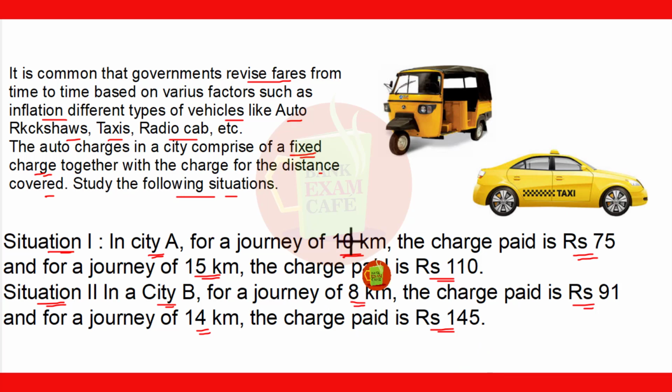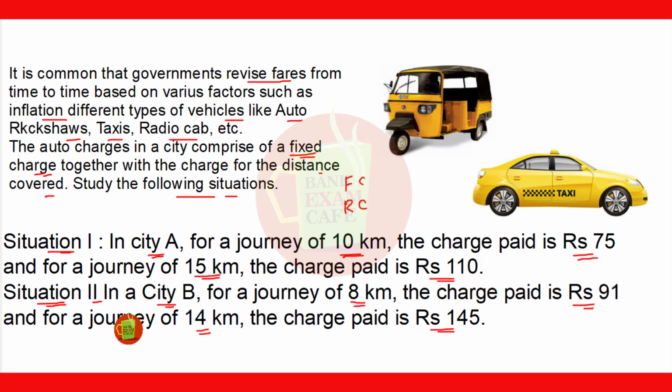So here two situations are given, that in a city for 10 km the charges are 75 rupees, and these charges comprise of two charges. One is fixed charge and the other is the running charge. For a journey of 15 km, the charge paid is rupees 110, means fixed charges plus running charges together comprise rupees 110.